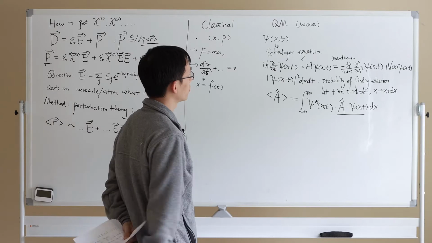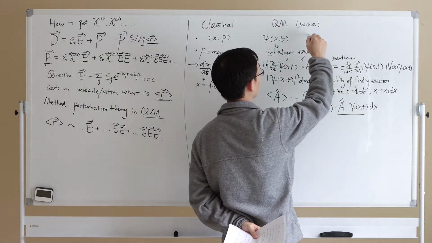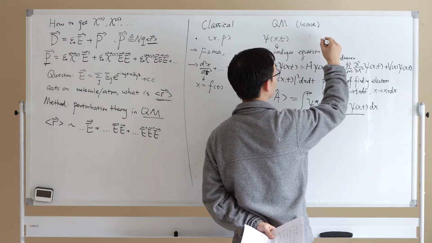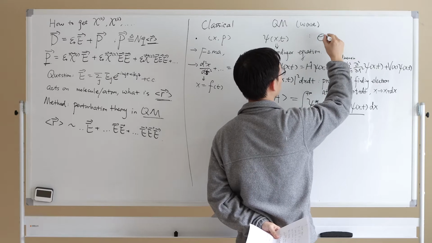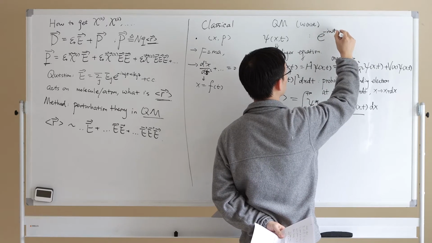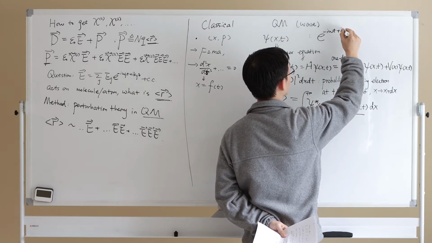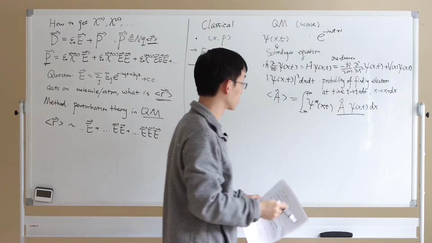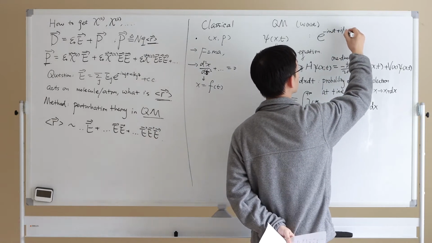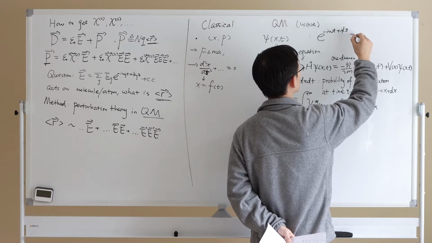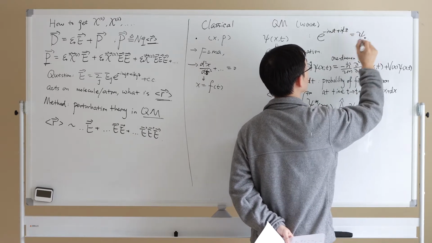So if there's a wave, what's the simplest form of a wave? We know that it's the plane wave. Let's say this is the simplest wave.